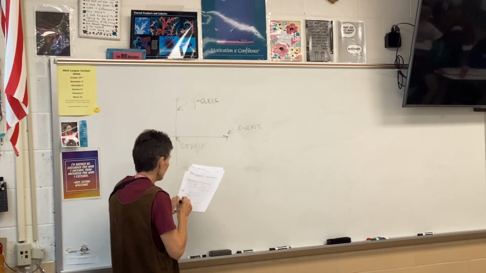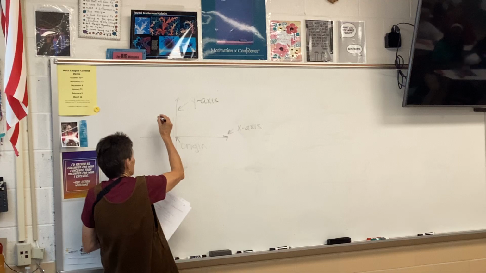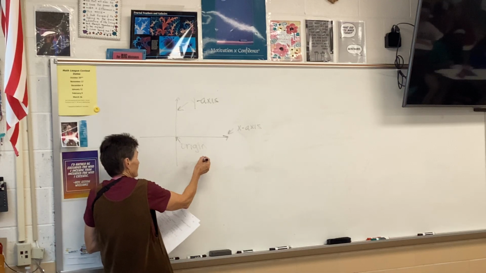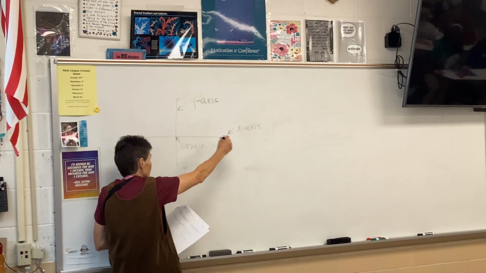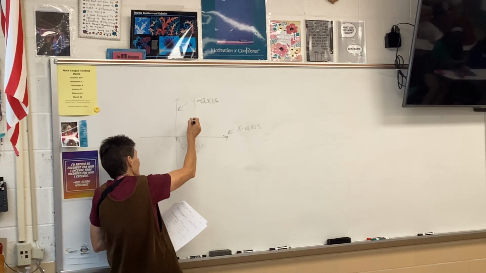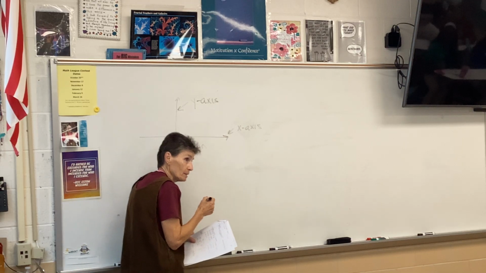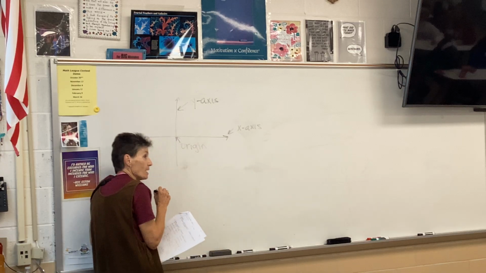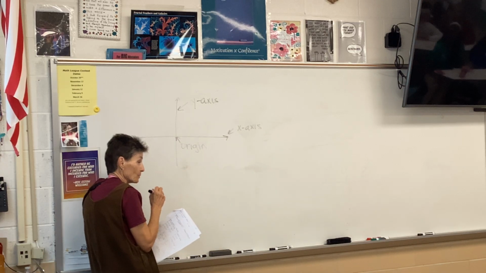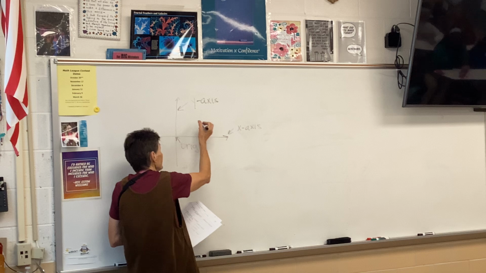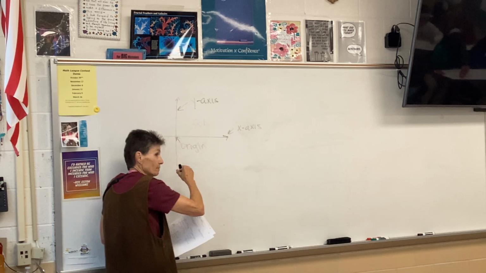And then these spaces, so when you draw this x and y axis, you've got four areas. Those areas are called quadrants, and they are named starting right here. This is quadrant 1, right?